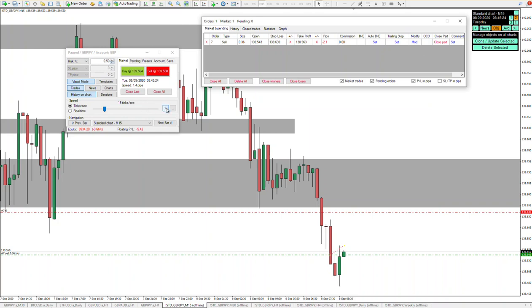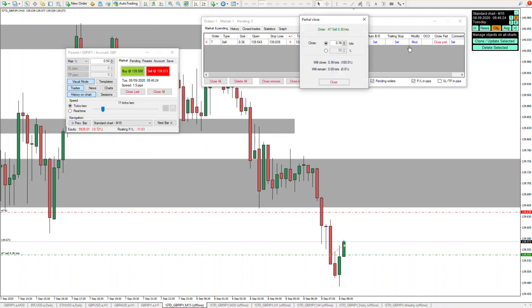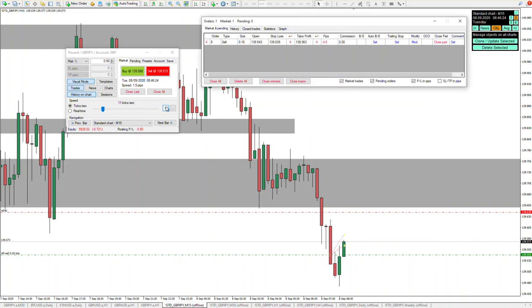Let's see what happens. If we break above this candle, I will close another 50%. And now I let the rest run.